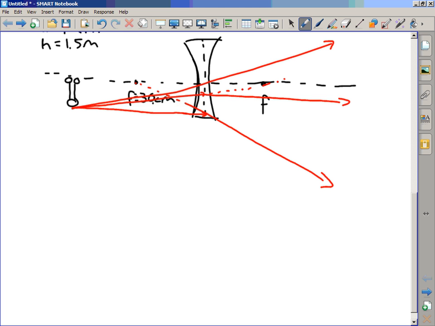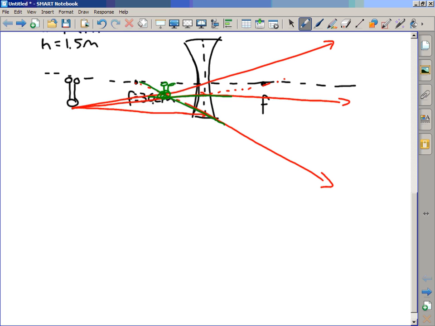What's happening here, Sean? You have to trace it in a straight line. Yes. What are these rays doing? They're diverging. Good. So I need to trace back on these refracted rays. So tracing back, I've got the image somewhere about there.